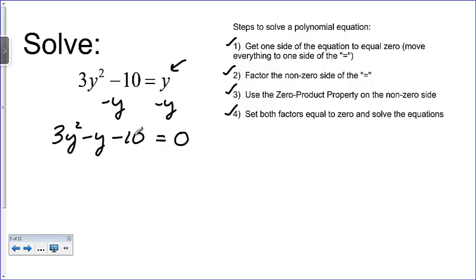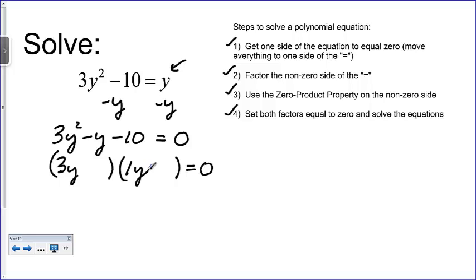That's step 1. Step 2, this is where all your practice with factoring comes into play. Factor the non-zero side. So let's factor 3y squared minus y minus 10. There is no GCF, so let's just have at it. 3 is prime, so it's going to be 3y and 1y.